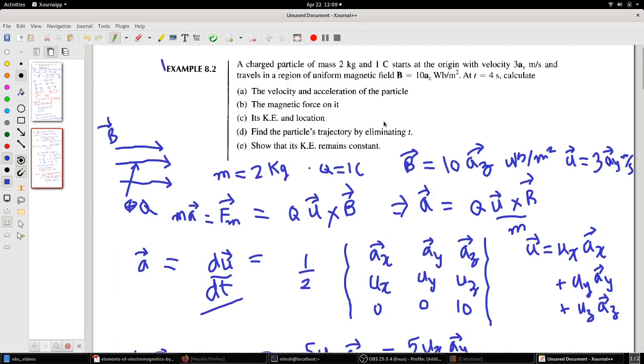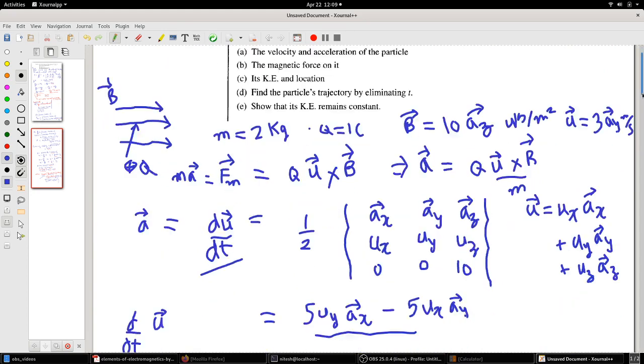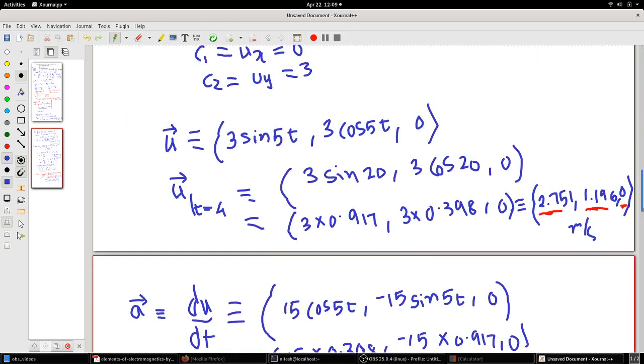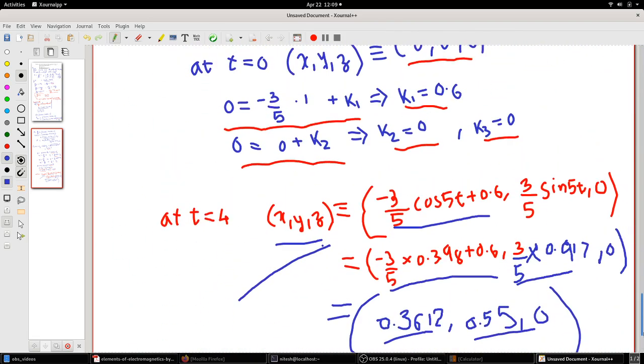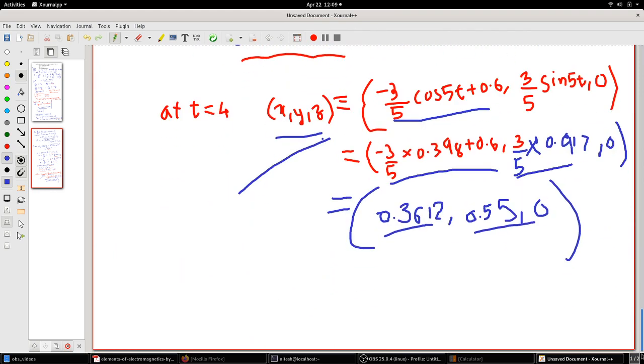Okay, so the last part of the question, part D, is to find the particle's trajectory by eliminating t. To find the charged particle's trajectory, I have to eliminate t. I know that x, y, z is the path at any given time, with time as a variable.